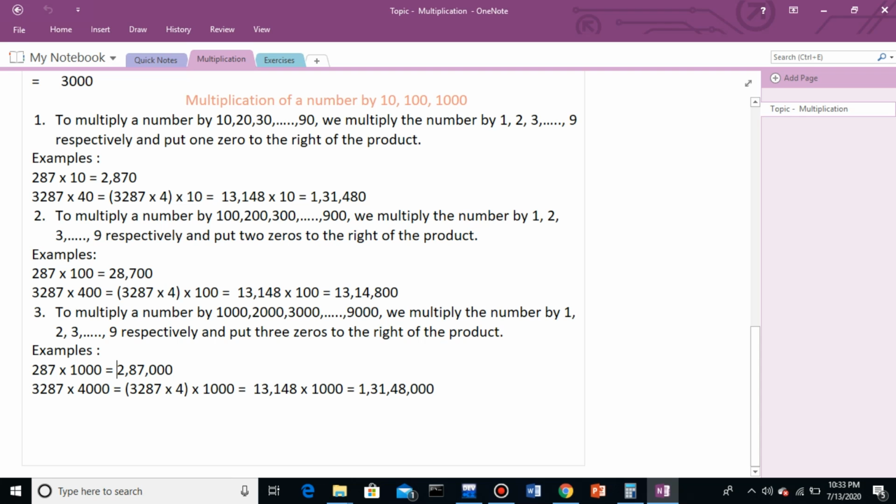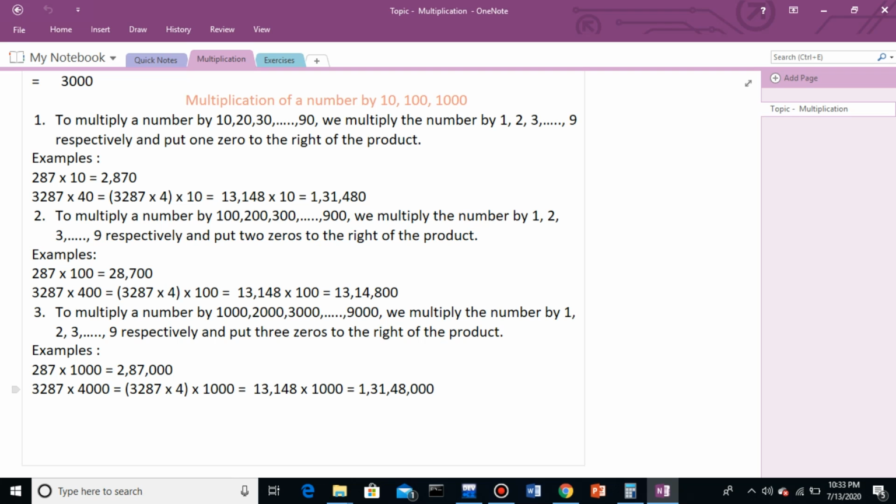Now one more example, 3,287 into 4,000. First we will multiply 3,287 into 4, and after that we will put 3 zeros to the right of the product. Let's see what the answer of 3,287 into 4 will be. The answer is 13,148.